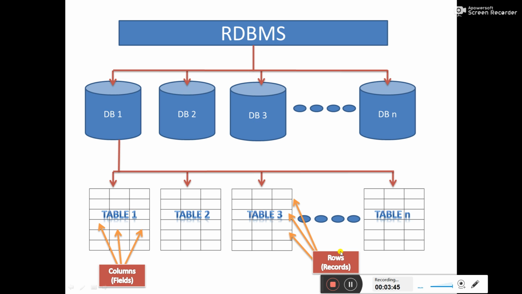As it is RDBMS, that means it is a relational database management system. So in one database you can store multiple tables which are related to each other. The records of these tables are related to each other. For this you are supposed to create the relationship between these tables.